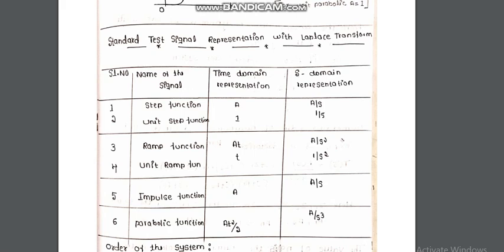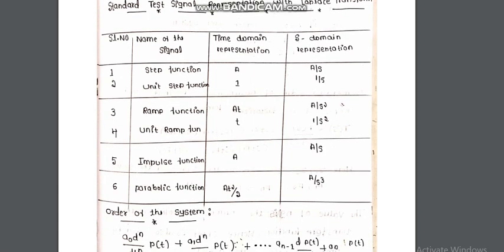Ramp function: A into t, in S domain A divided by S square. Impulse function: A, and A in S domain. Parabolic function: A into t square by 2 in time domain, A divided by S cube in frequency domain. Now we are just applying the Laplace transform to the time domain to get the S domain representations. So next we'll see the order of the system.